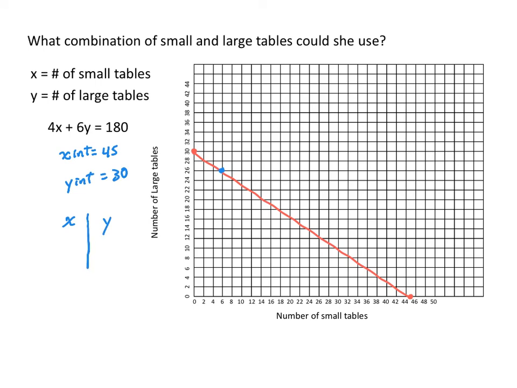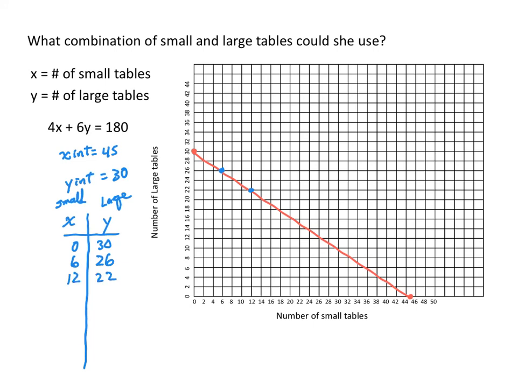Remember, x is the number of small tables. y is the number of large tables. And I do have 0, 30. But I think this point is on that line, which would be 6 and 26. And I think this point is on that line also, which would be 12 and 22.